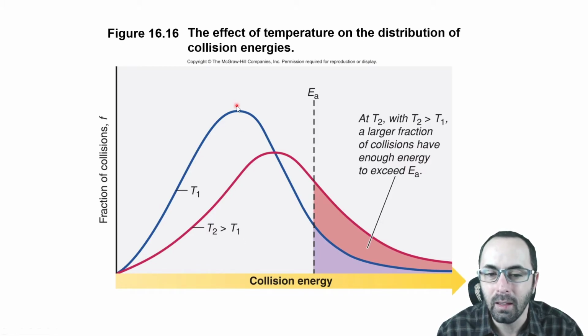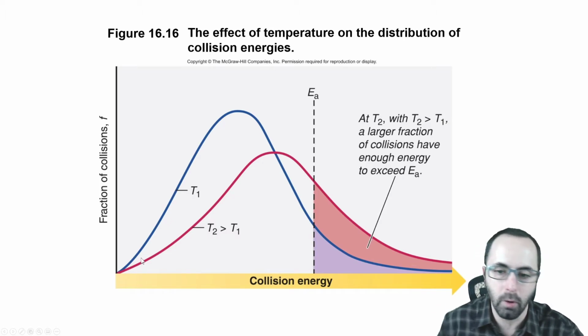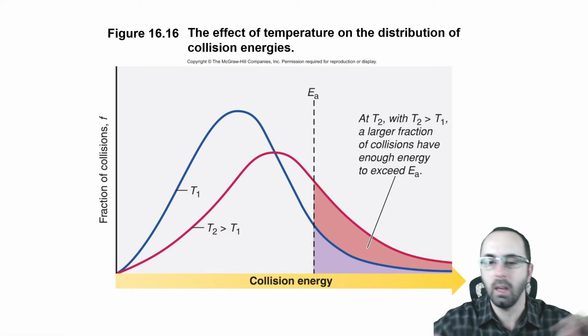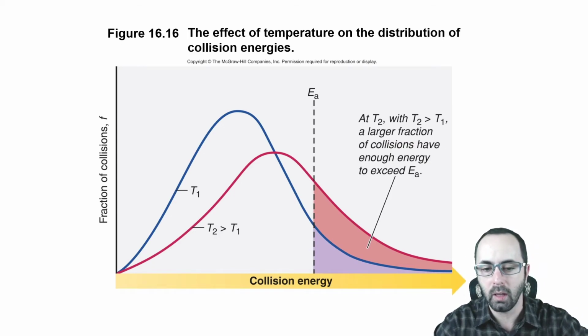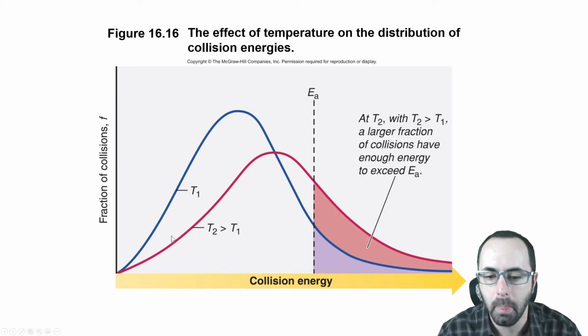You'll have a peak here, and this is like the average speed around in here. But some molecules will be going much faster and some molecules will be going very slowly. You can think of this as like when you break the billiard balls on the pool table. Some are moving real fast, some are moving slowly, but we're looking at the average speed of all of them.